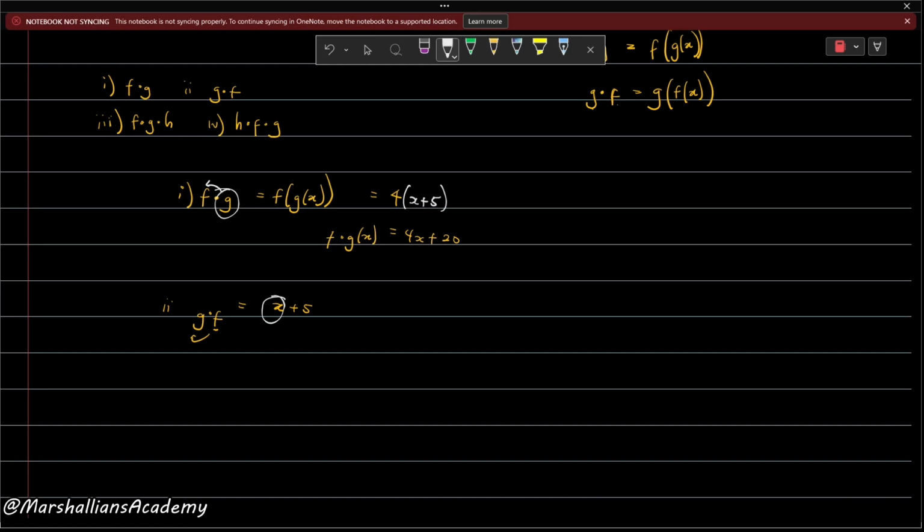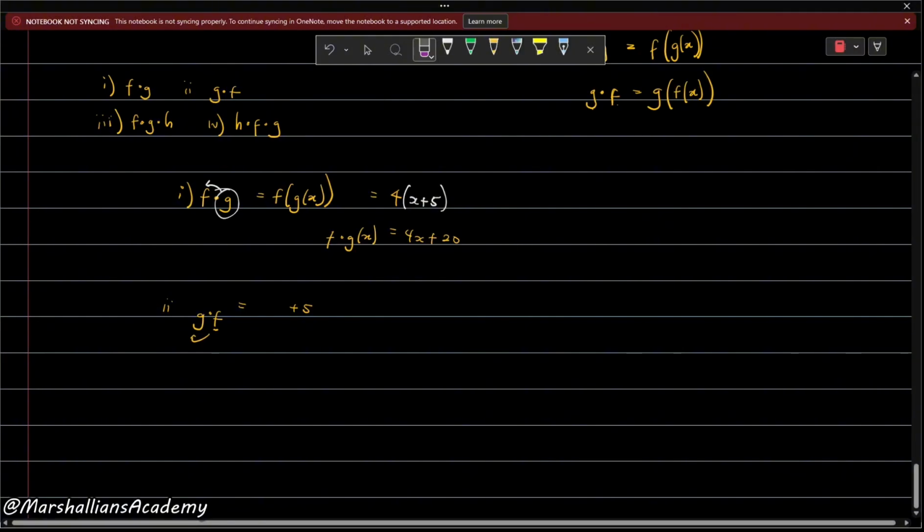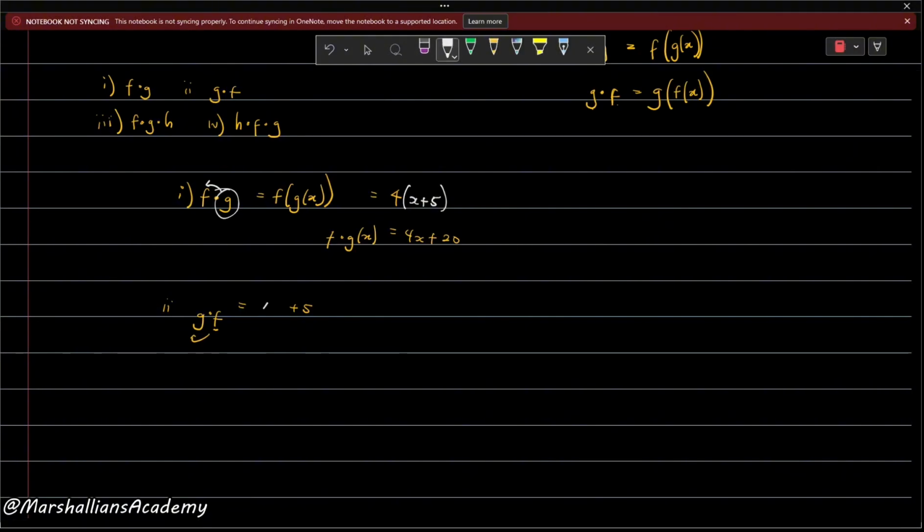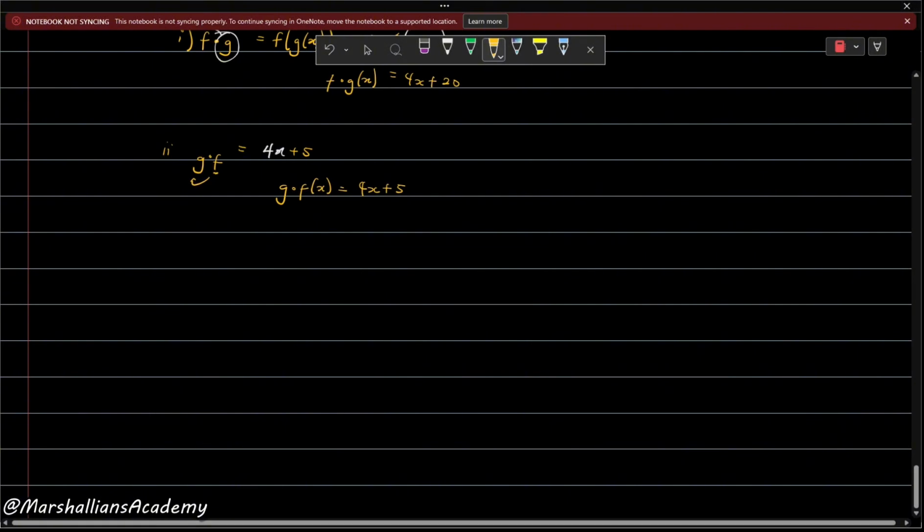So I'm going to be having 4x plus 5. That's the function that is replaced, and basically, there's nothing more to do. Therefore, g of f of x is 4x plus 5. Very easy. Now look at it. So we should find the f of g of h. That's the third thing.